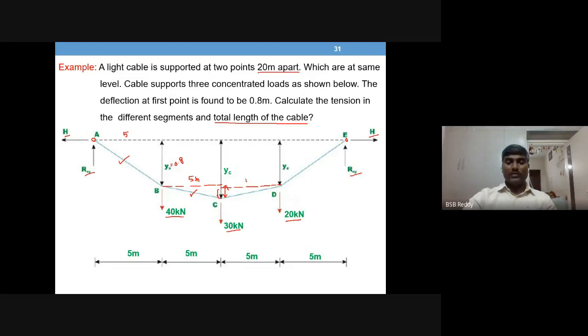And this is 5 meters, so square root of 5 squared plus YC minus YD whole squared. That will give you this value. And this is YD and this is 5 meters. The last segment length is the square root of this and this. Then addition. Likewise, you have to get the length of each segment.